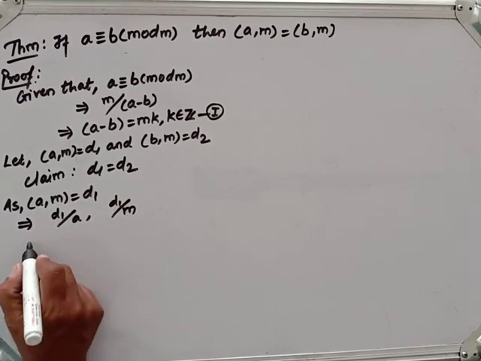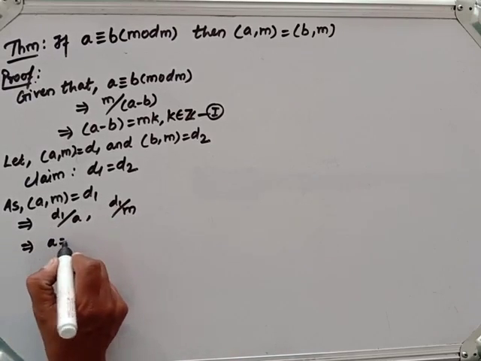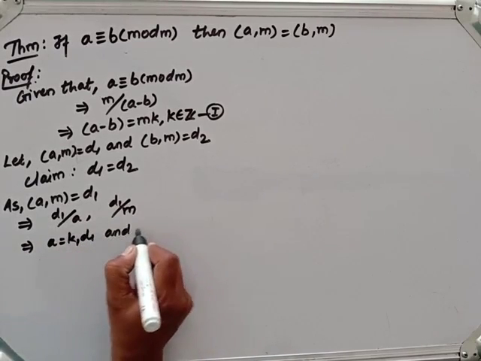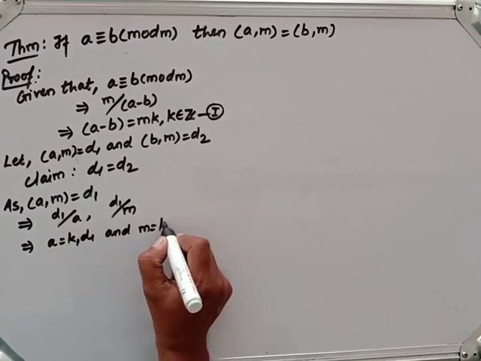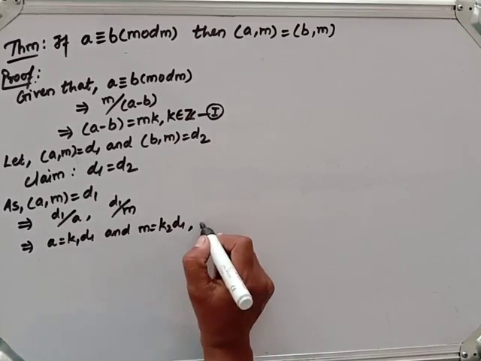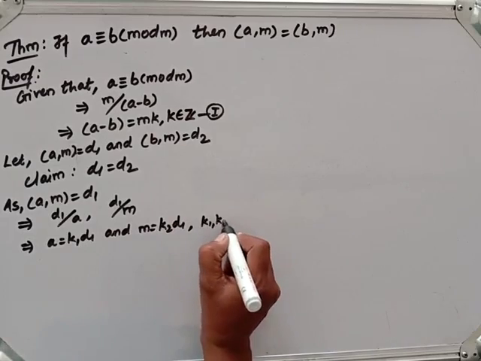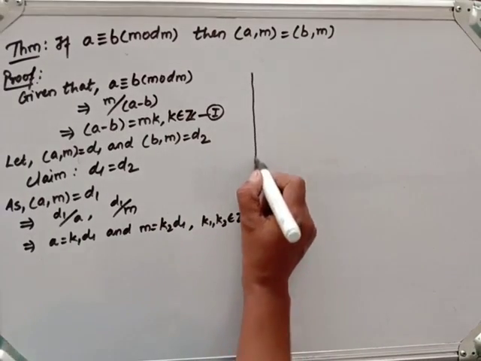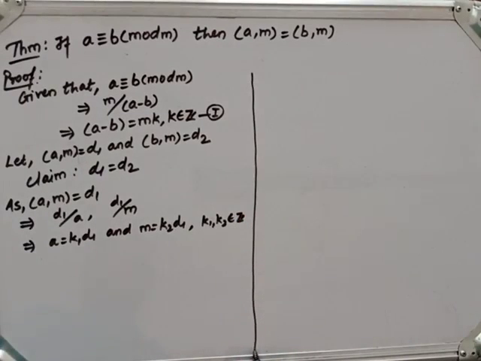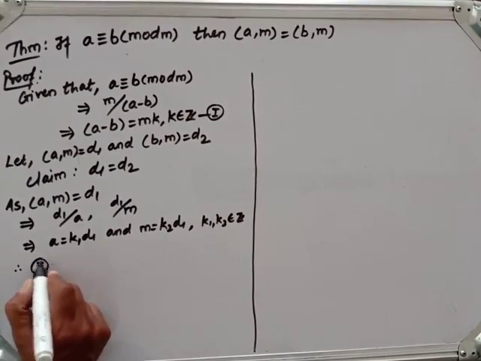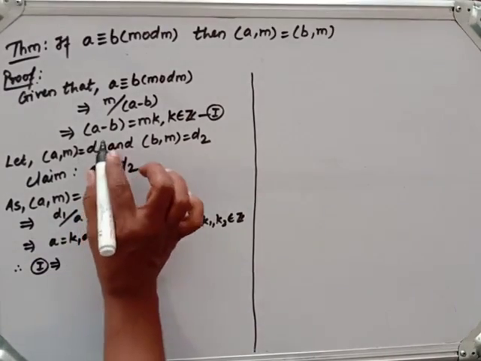Now if D1 divides A, then A is equal to K1 D1 and M is equal to K2 D1, where K1, K2 belong to the set of integers. Fine. Now, therefore, this equation 1 implies, what does this give? Look at here.